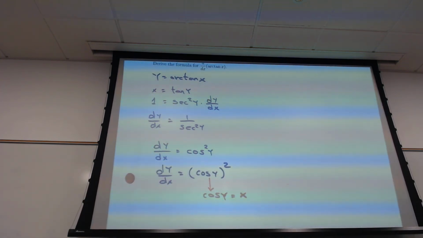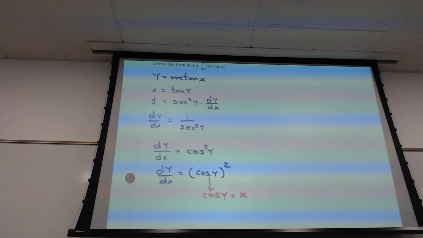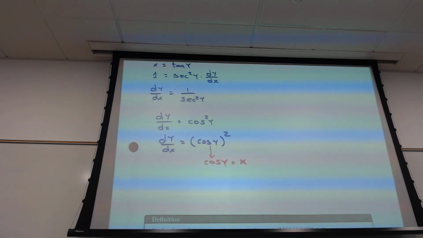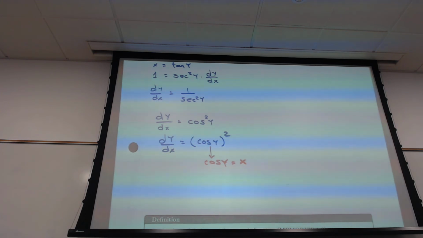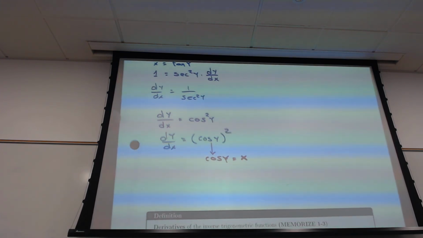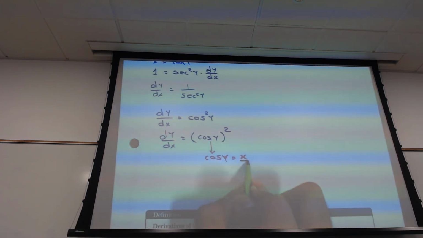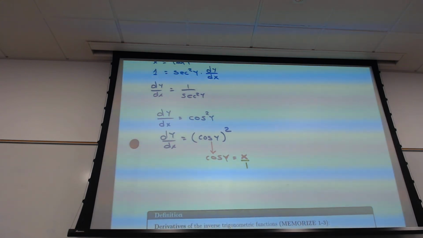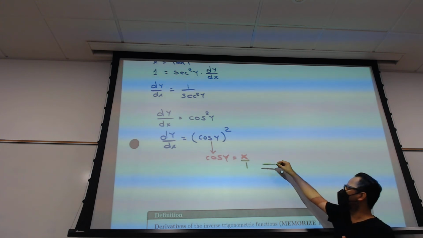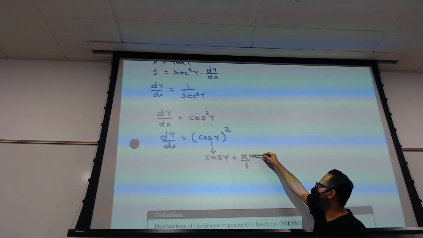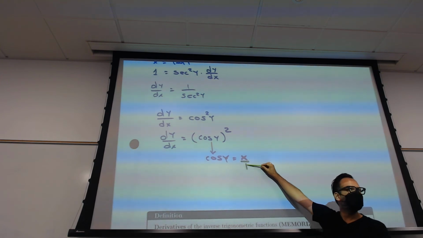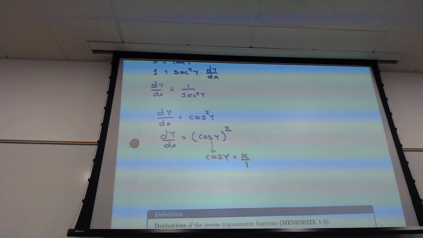Now the real trick here is that this cosine y is not very explicit about how to set up the triangle. So the trick is, every time you have an equation like this, put a 1 in the denominator. That way it's a lot easier to see that this is SOHCAHTOA, which in this case is adjacent over hypotenuse, isn't it?